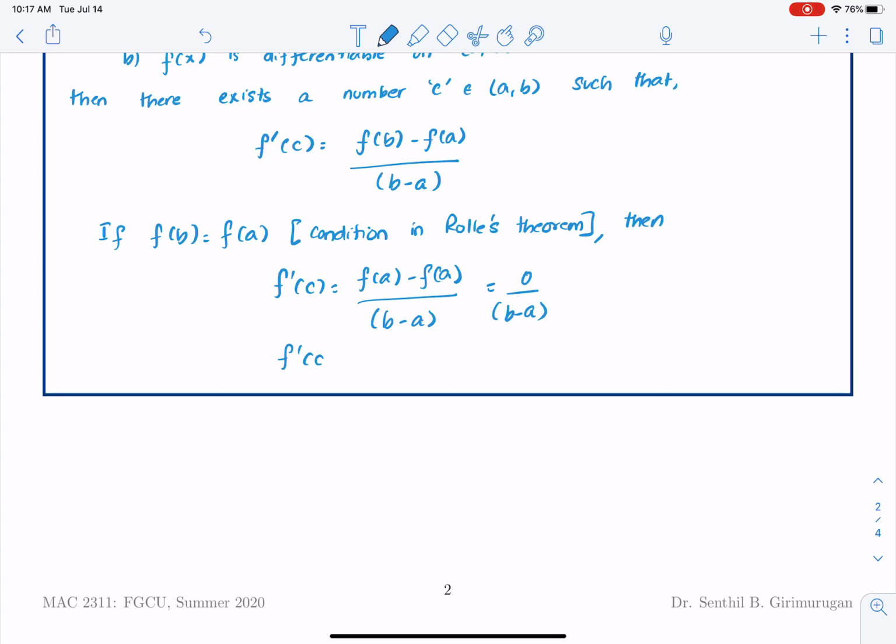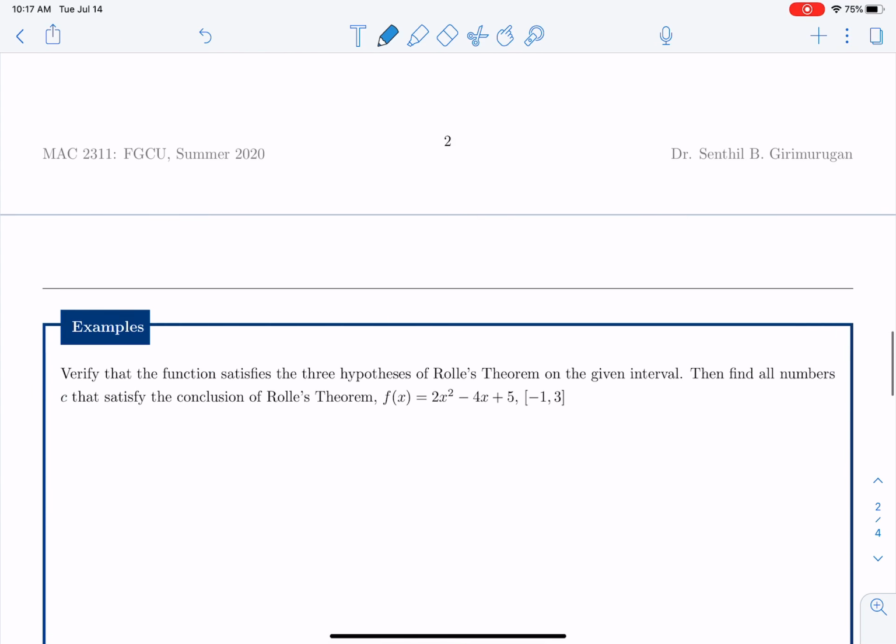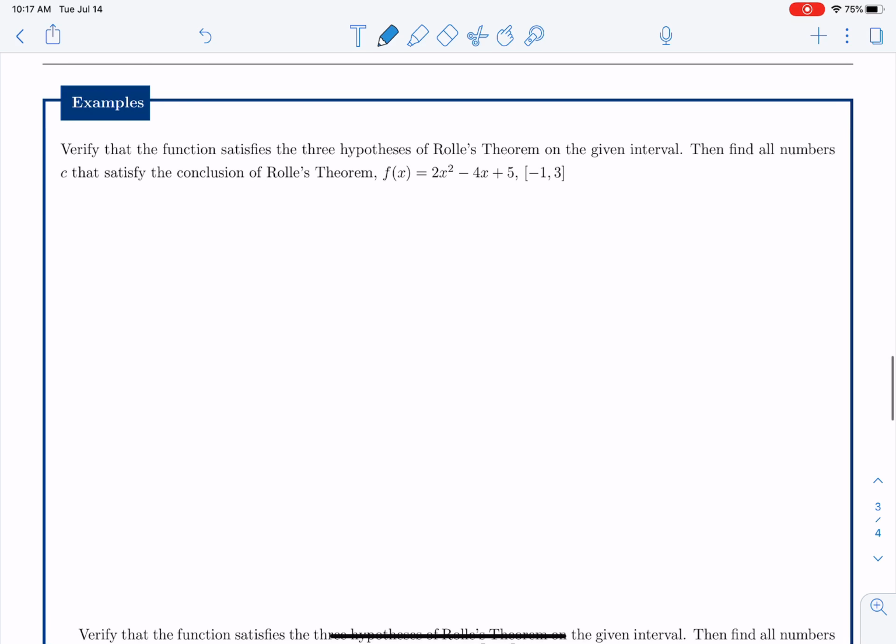So f prime of c is 0. So for some number c between a and b, f prime of c will be equal to 0. That verifies Rolle's theorem in an indirect way.